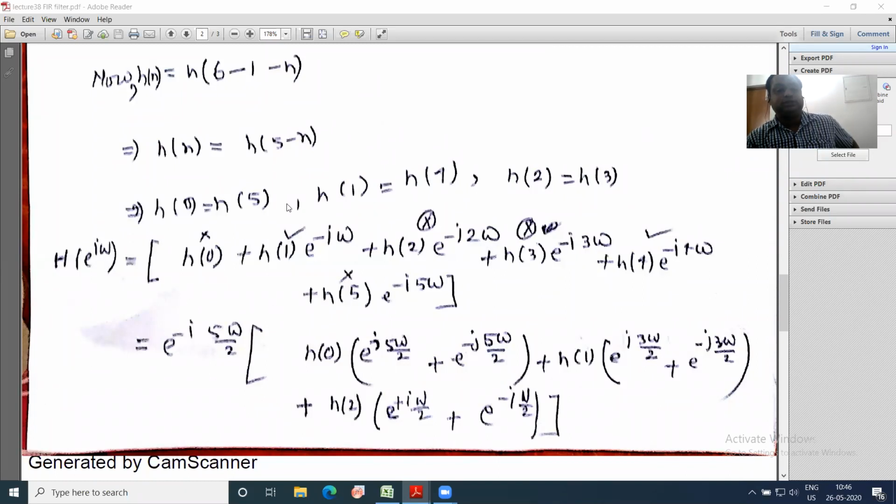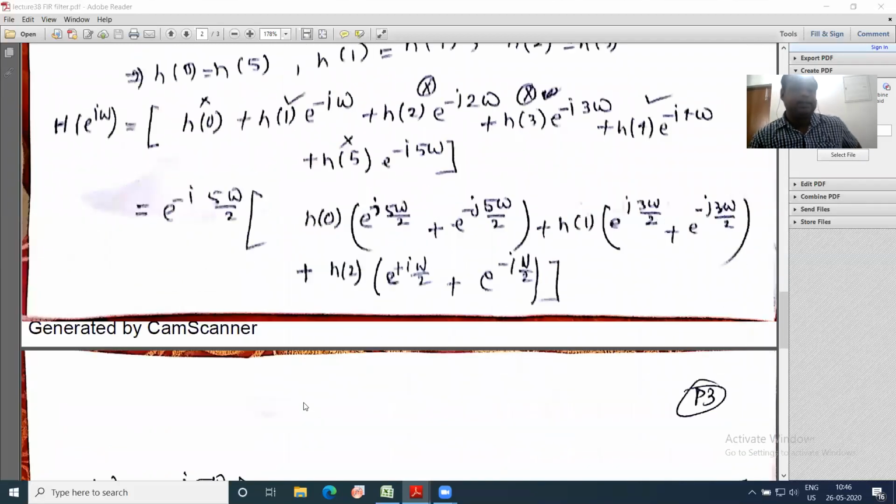Next one is h2 into e power minus j omega by 2, so this will be equal to 3 omega. So this term corresponds to h3 into e power minus j3 omega, which corresponds to e power minus j5 omega by 2 into h2 into e power j omega by 2.